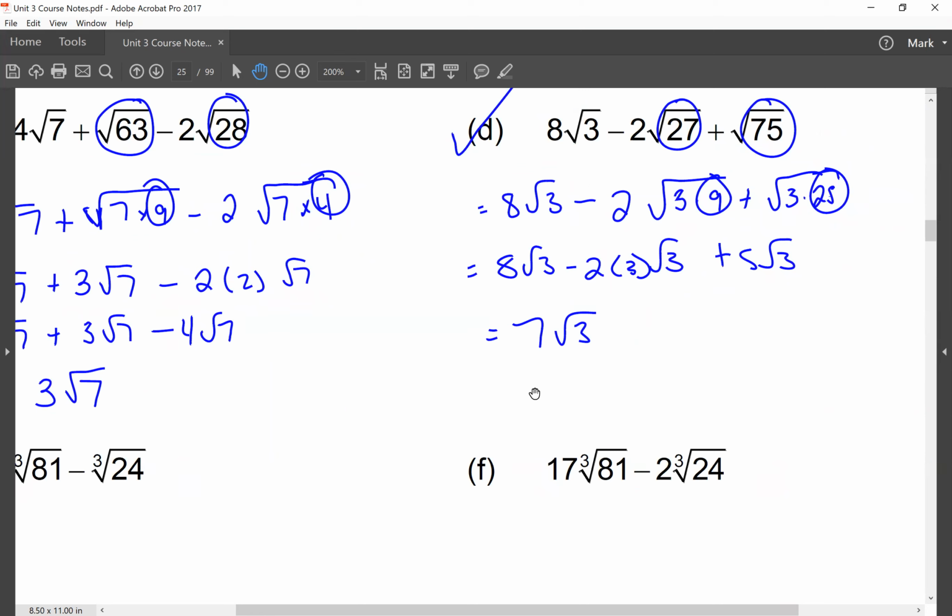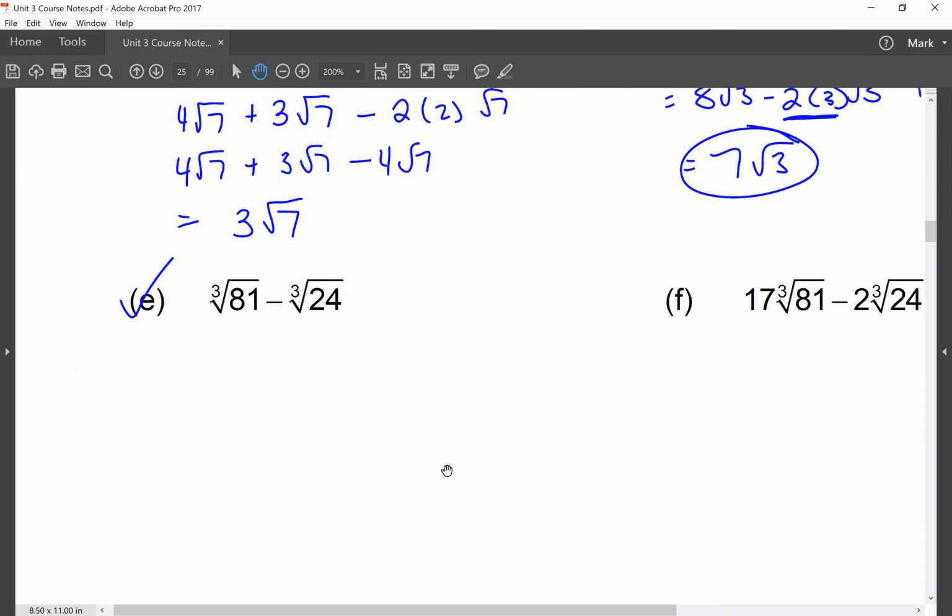Because I put the 2 square root 3 times 9, it gave me 4 square root 3. Okay, let me just check something. I have the same answer as me? Yeah, I think you made a mistake. Yeah, I got 7 root 3. Yeah, it should be 7 root 3.